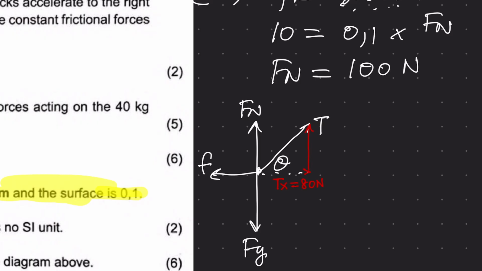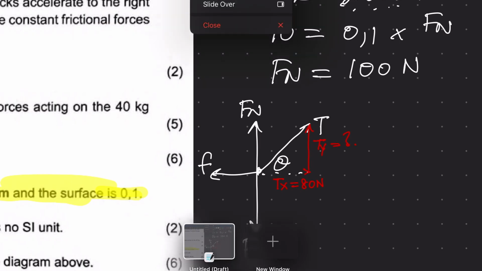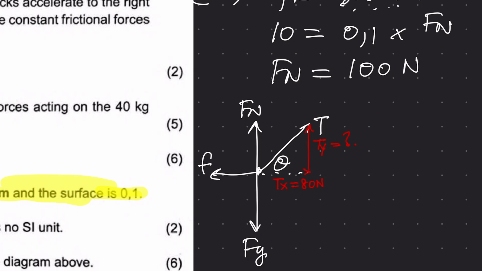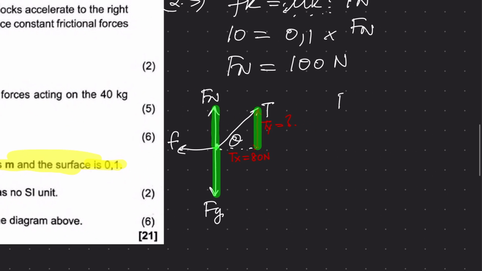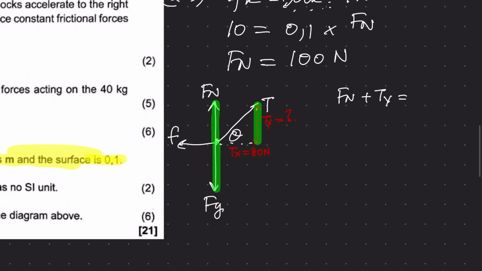The other component, the y component, we don't know what that is, right? But what's important here is the following thing that we can conclude. Since this object is not moving up or down, the normal force plus the tension, well, the vertical component, would equal gravity, right? So that's important, because watch what we can do.